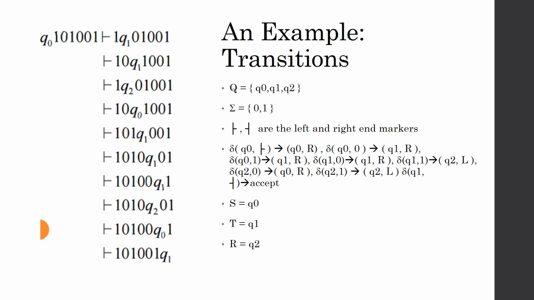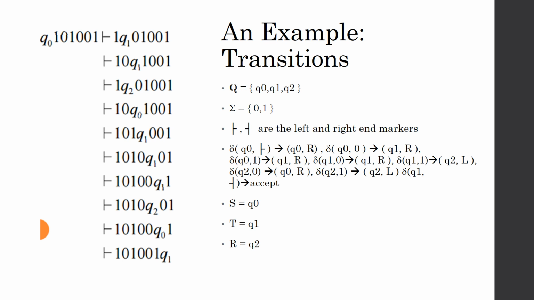We have our left and right end markers. Our start state will be Q naught. Our accept state is going to be Q1 here, and our reject state is going to be Q2 because we don't want to finish at Q2. And we have our thetas up there that have all of our transitions that we've translated from the table.